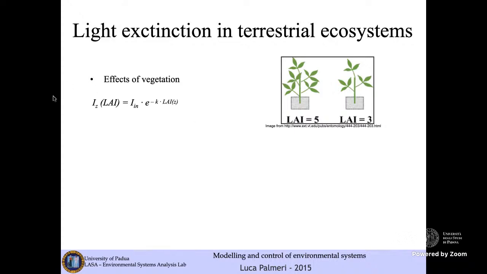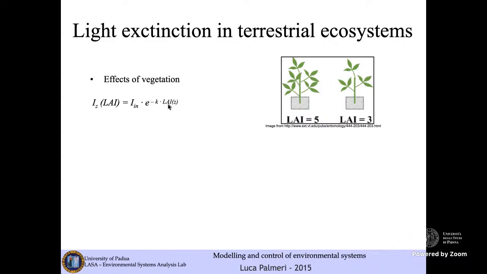And we say that the intensity of light reaching a certain depth in the canopy of terrestrial vegetation is equal to what arrives on the surface or the top of the canopy multiplied by an exponentially decreasing factor that depends on the light extinction coefficient K, multiplied by the leaf area index parameter that describes the quantity of surface that may intersect or stop light from crossing.